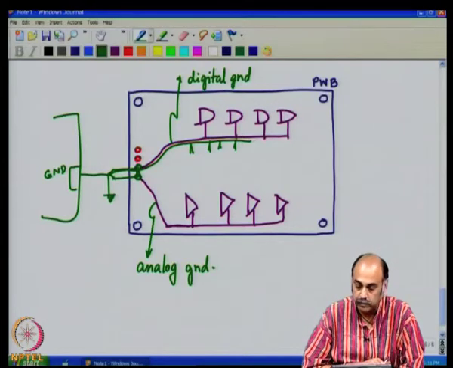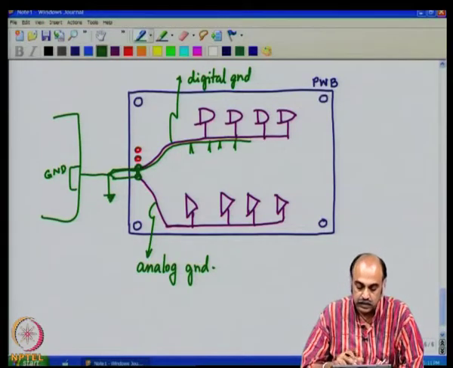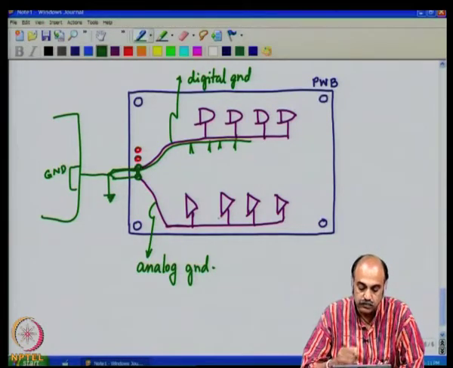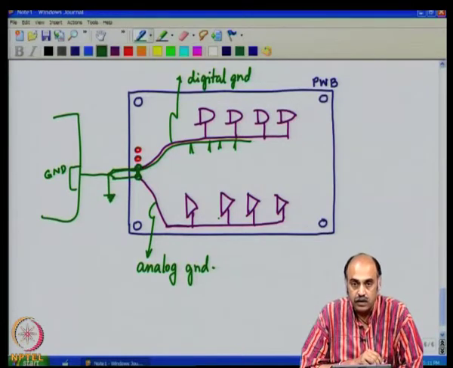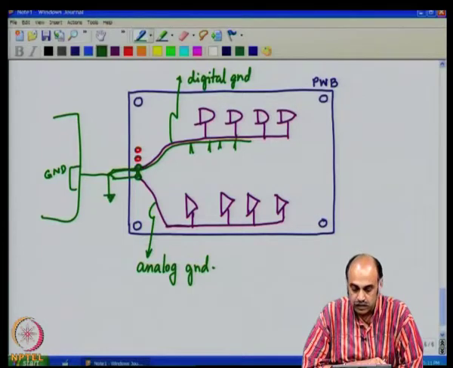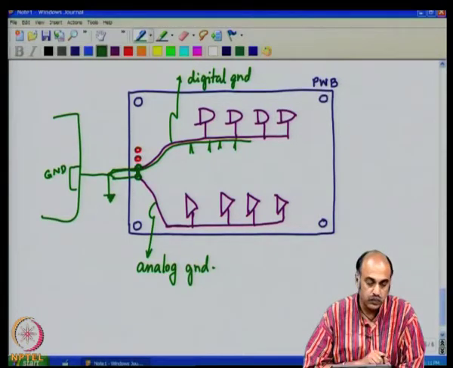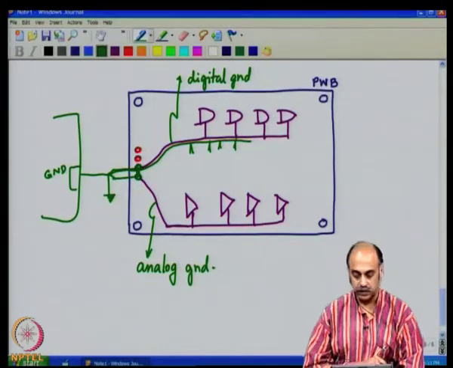I keep saying that repeatedly because this is one common mistake which people do and forget, and then later on it can cause real havoc if you have the spiky currents flowing through the analog systems, because the power supply rejection for very high frequency is not so good, and it could corrupt the outputs of the analog circuits.